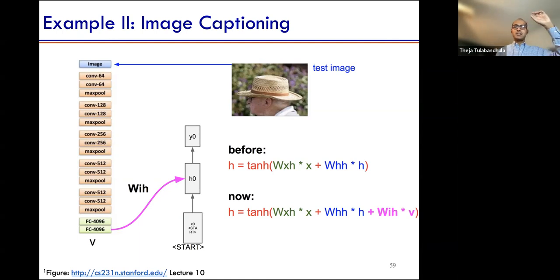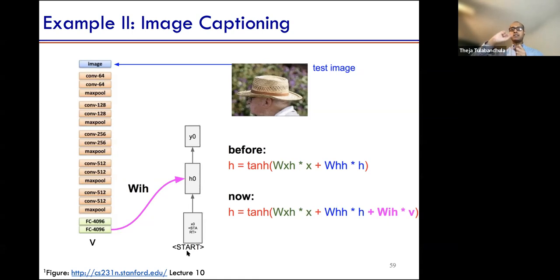So you start with an image, pass it through a CNN, potentially pre-trained, you get a vector, and then you slightly change the RNN so that it takes this vector as an input while generating the first output. So what do you do? You start with a fixed word at the beginning. It's not really a word, it's a token, called start.